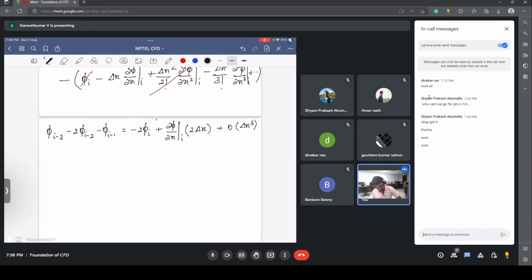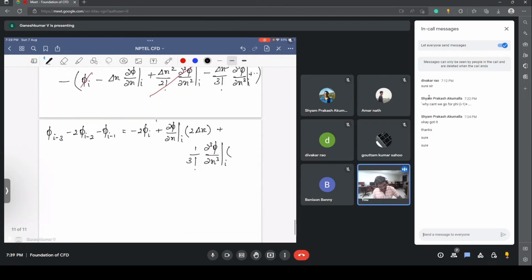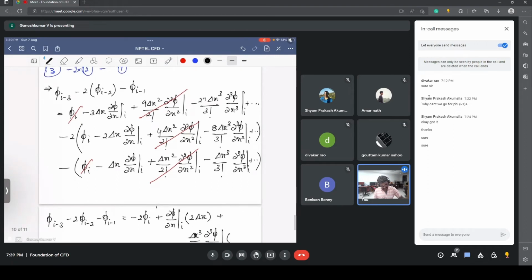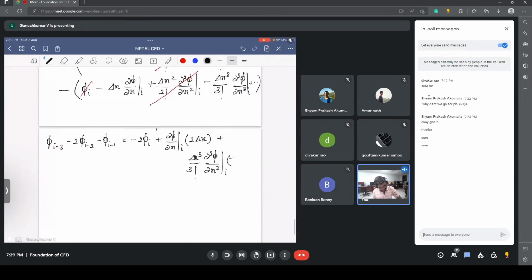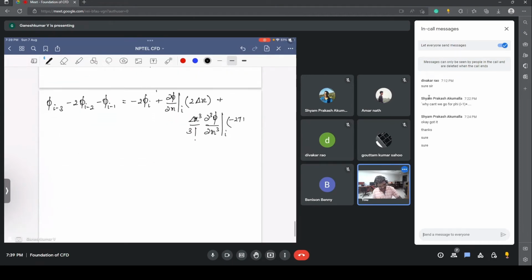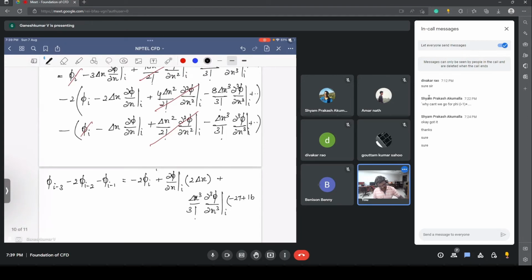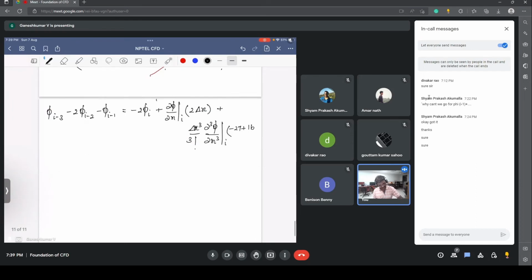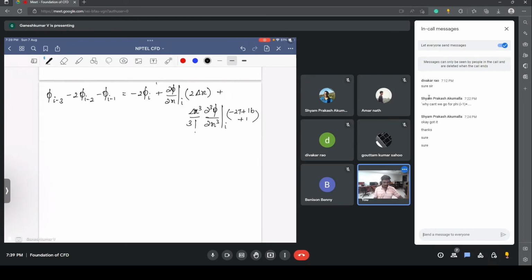Okay, maybe we can write it whole. Dou cube phi by dou x cube at i, into, so 1 by 3 factorial is common for everything. So delta x cube is also common. This term has minus 27, and this term has minus into minus, plus 2 times 8 is 16, so plus 16, and this term has minus into minus, plus 1, right?